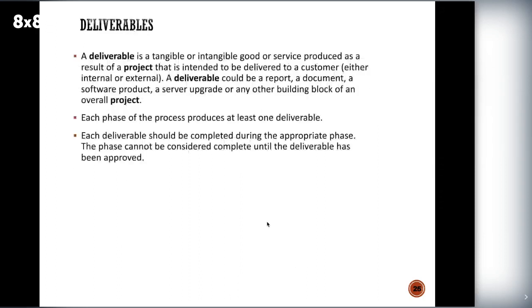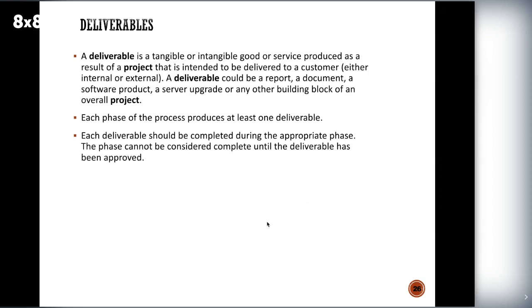So now, what are deliverables? As a BA, you need to understand what you're trying to deliver. A deliverable is a tangible or intangible good or service produced as a result of a project that is intended to be delivered to a customer, either internal or external.